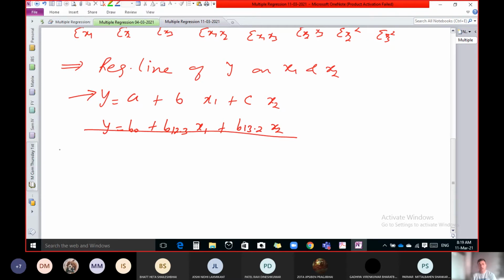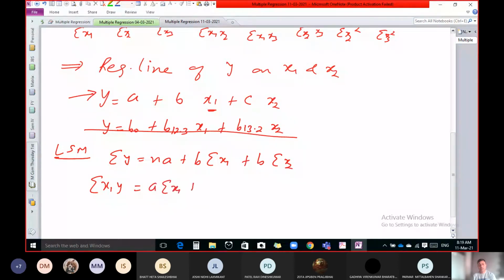Now how to obtain the normal equations? By using the least square method. By using the least square method we get the following equation: sigma y equal to N a plus b sigma x1 plus c sigma x2. Now multiply this equation by x1, both sides by x1. So we get sigma x1y equal to a sigma x1 plus b sigma x1 square plus c sigma x1 x2.